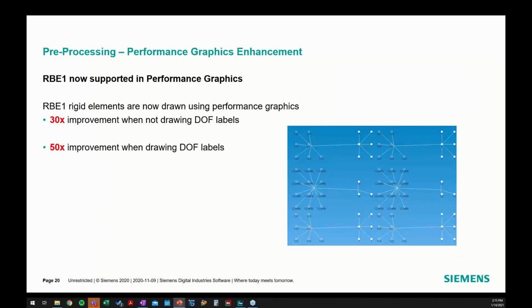Okay, so there's a couple of performance and graphics improvements. For this update, they've added support for RBE1 elements, and it's just a lot faster when you're picking and drawing degrees of freedom labels.